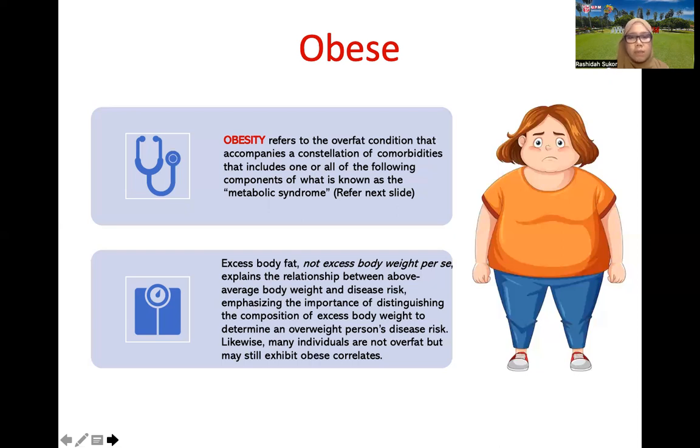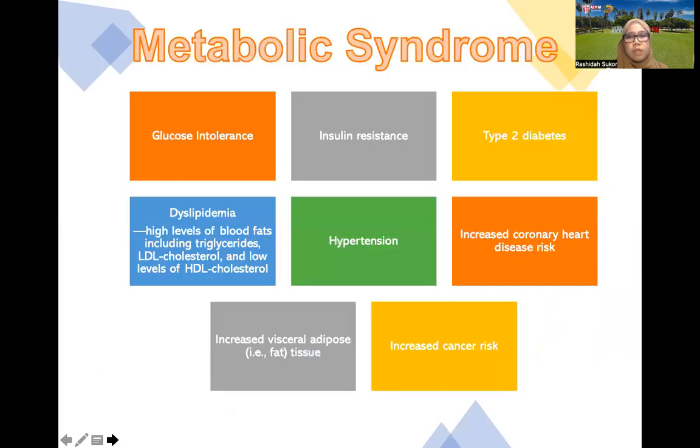Likewise, many individuals are not overfat, but they may still exhibit obese correlates. That means the person can still be considered pre-obese or obese even if they are not overfat. Okay.